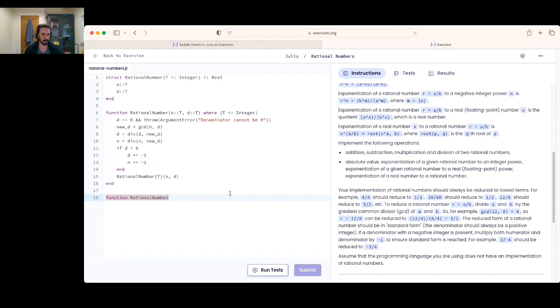There's T, where we only want to deal with integers. We don't want to deal with floating point numbers. It's not really a rational number, is it? Where T is of type integer.